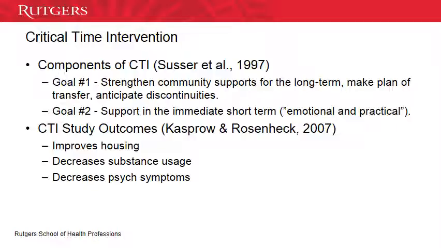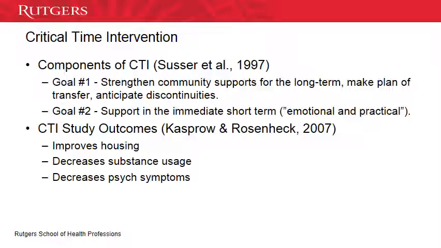They were followed for a period of 18 months, and the primary variable that they were looking at was average number of homeless nights spent. The experimental group, the people that received the CTI intervention, spent significantly fewer nights homeless compared to the control group, an average of 91 fewer nights homeless. An average of 30 nights homeless versus 91 for the control group.